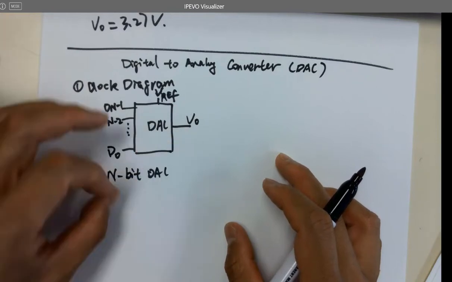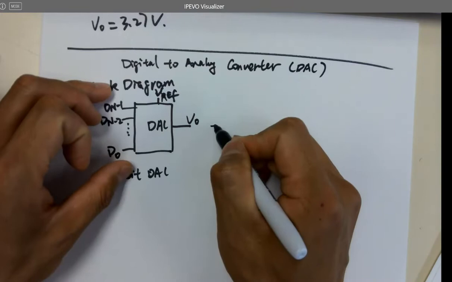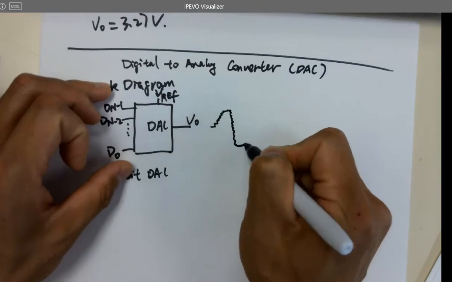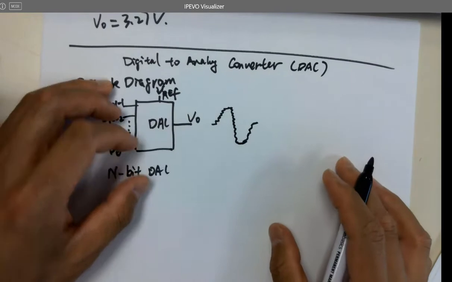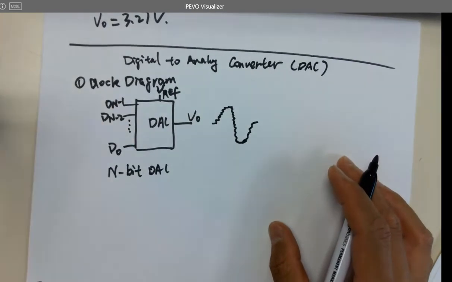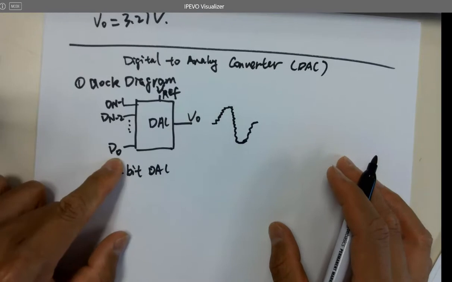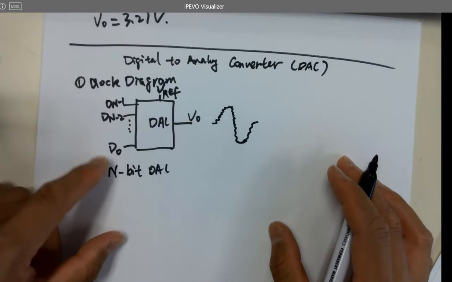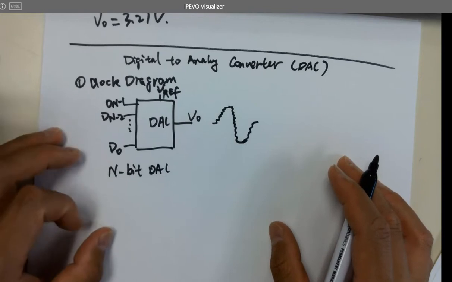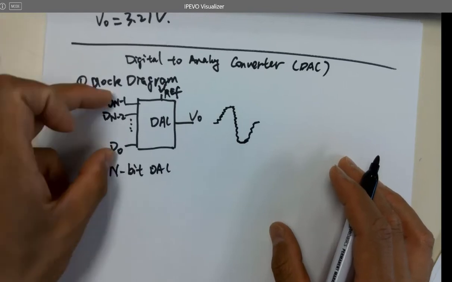That makes sense? Because the output is an analog voltage. That's why you can form not perfect, but sine waves as the output. You need 1s and 0s combinations over here. So why is it D0 to Dn minus 1, not D0 to Dn, for the n-bit DAC? It starts at 0, and there are only n bits, right?